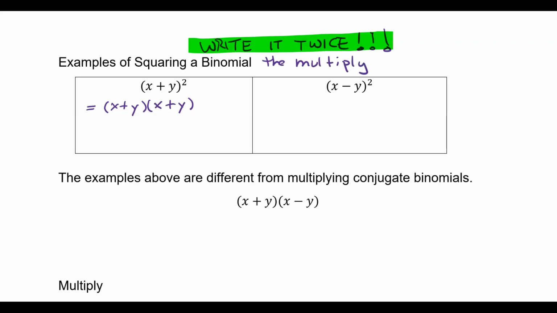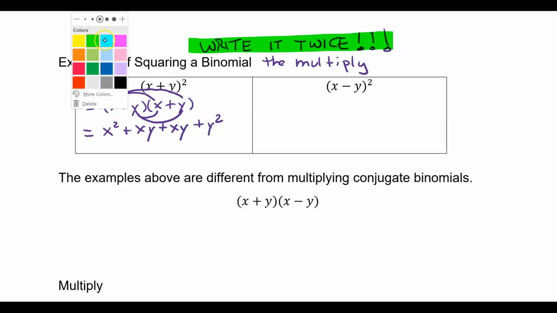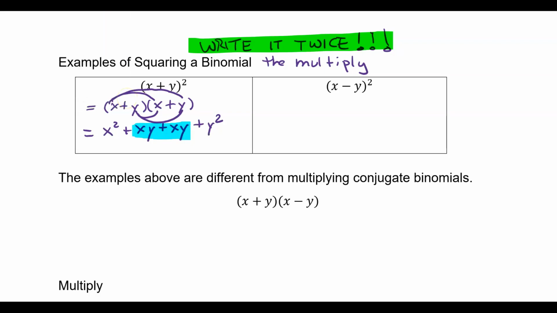So we're going to FOIL because this is a binomial times a binomial. X times x is x squared. X times y is xy. Again, we have another xy. Notice I wrote it in alphabetical order. And then y times y is y squared. We are not done because we have like terms in the center. Xy plus xy.